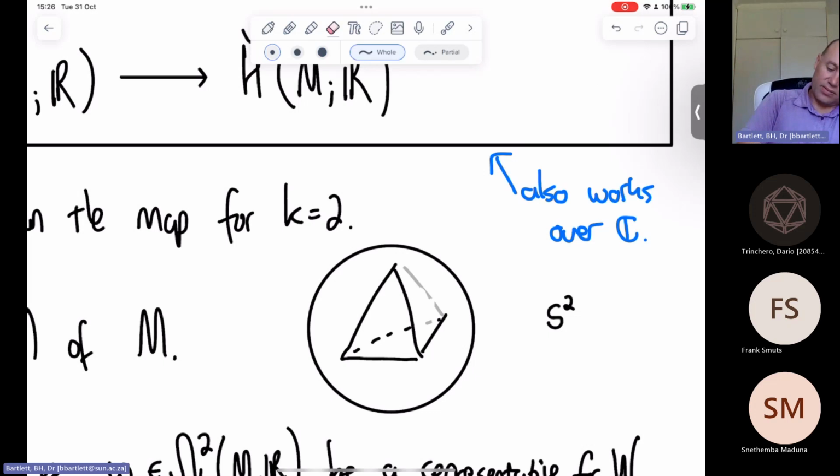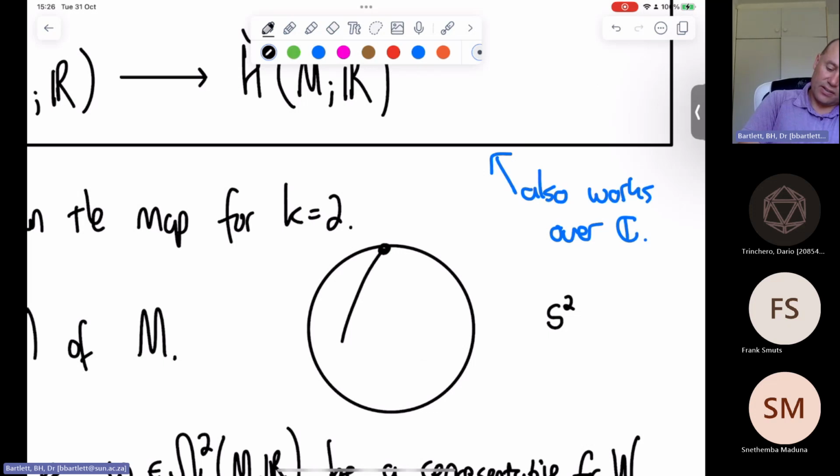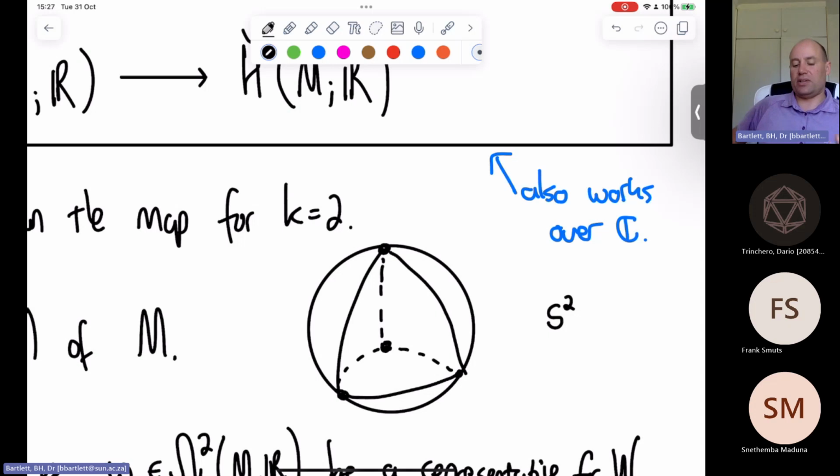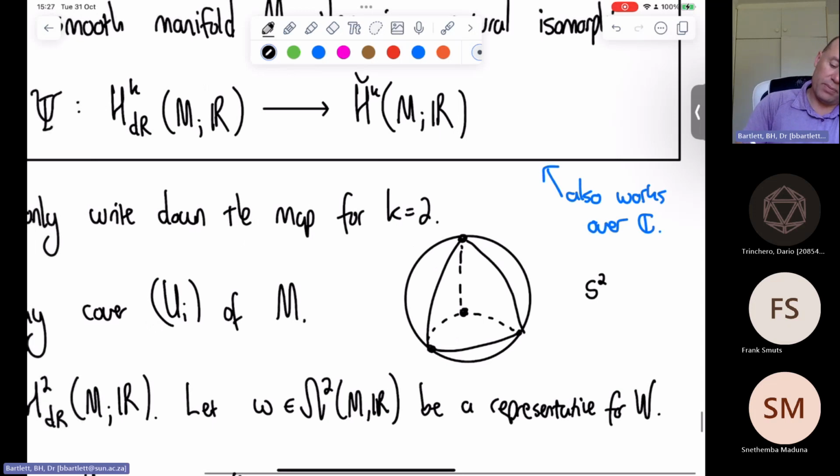So that's just like a tetrahedral triangulation of the 2-sphere. So how would that look? Something like this. Okay, and then you've got these 4 triangles now, and your open sets would just be open neighborhoods of those triangles, and they would intersect in a contractible way. So you'd need four open sets to get a good covering of the 2-sphere.